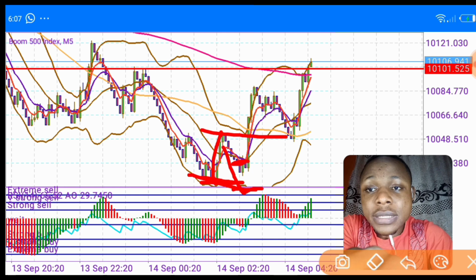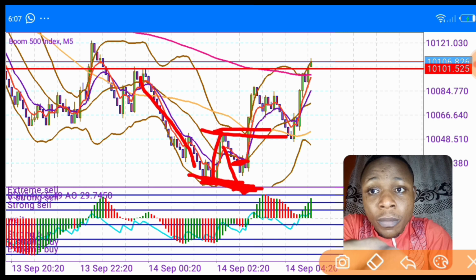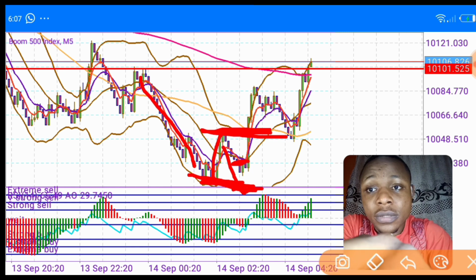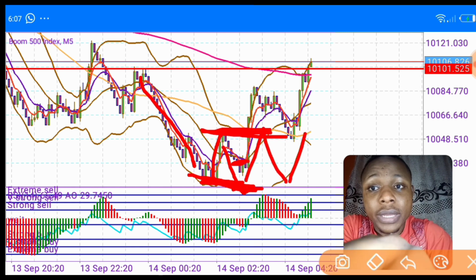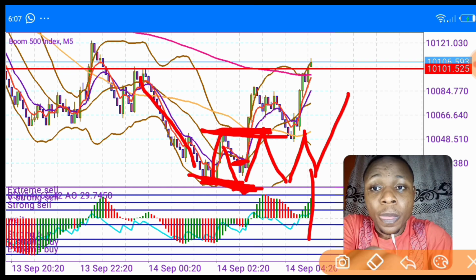So when markets respect the previous support after a good trend like this, most times they respect the previous resistance also, resulting in swing markets for some time before a breakout, either down or up.